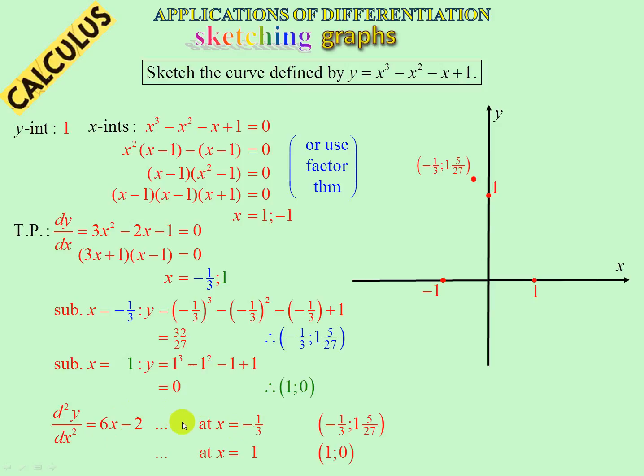Well, pretty obvious it's going to be negative, which gives us concave down, which is a local maximum. So there's our local maximum there. When we substitute 1 into there, we're going to get a positive, which will give us concave up, local minimum. There's our minimum. And we can pretty much see the shape of the graph now.